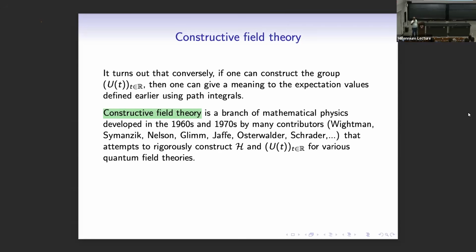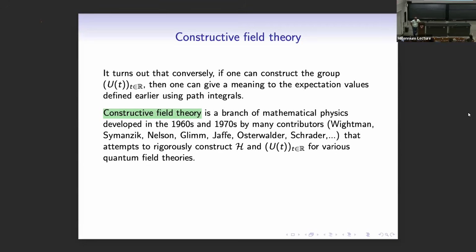So the goal is to construct the quantum system in the sense that you want to construct this Hilbert space and the group of unitary operators. So actually, again, I'm brushing things under the carpet. It's not just UT. You have actually a representation of the Poincare group and so on to be compatible with general relativity. But this is the starting point, that you construct the Hilbert space and a group of unitary operators that represent the quantum system.